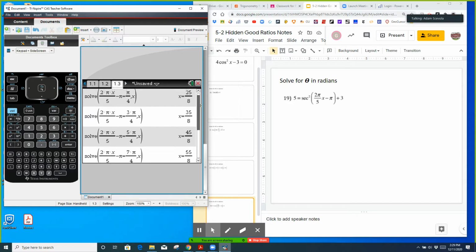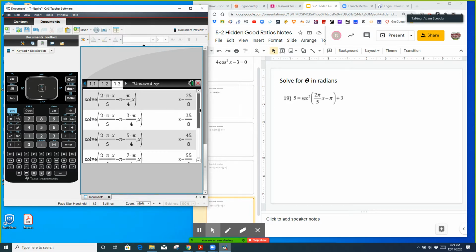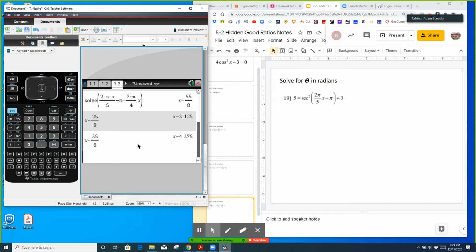Then we would take each of those numbers and add it to the period, like 25 over 8 plus the period. Secant is the reciprocal of cosine, so that has a period of 2 pi over b.